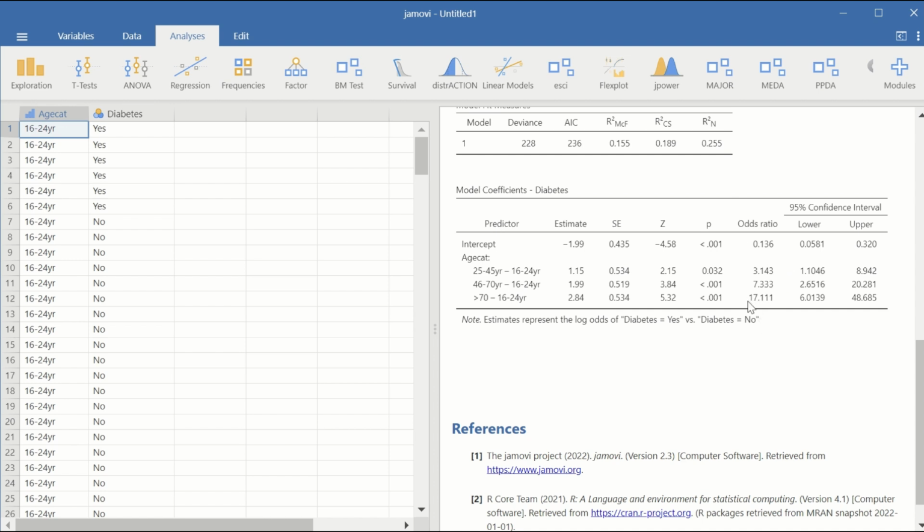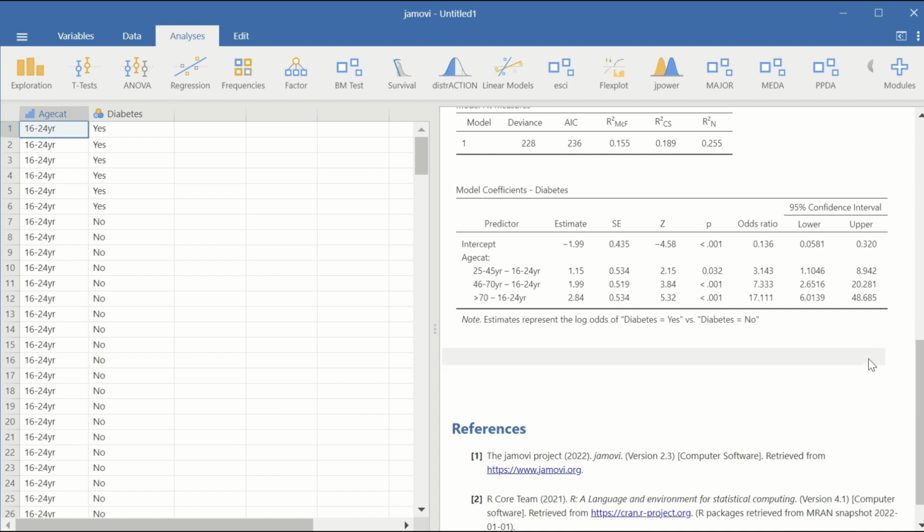That means elder people have a higher likely chance of developing diabetes. Looking at the final category here, those who are greater than 70 have the highest likelihood or chances of developing diabetes compared to the younger group from 16 to 24. And all these findings are significant.